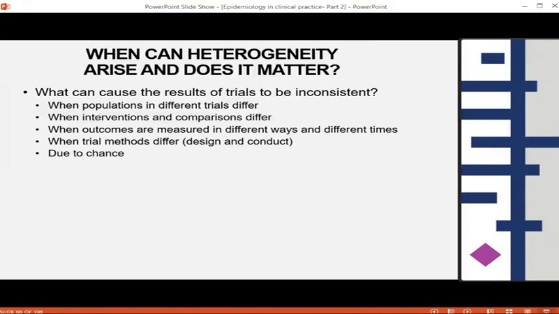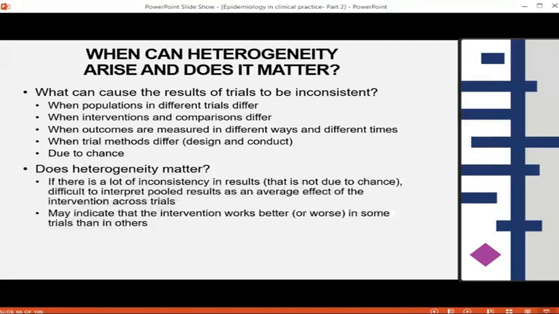Or when the outcomes are measured in different ways, some people using one definition, some another, or measuring at different time points, some at 2 months, some at 2 years, you can expect the results to be different. And when the trials are done differently, some randomized properly, some did not, the results will change. And sometimes the variation in results could be just due to chance across the studies.